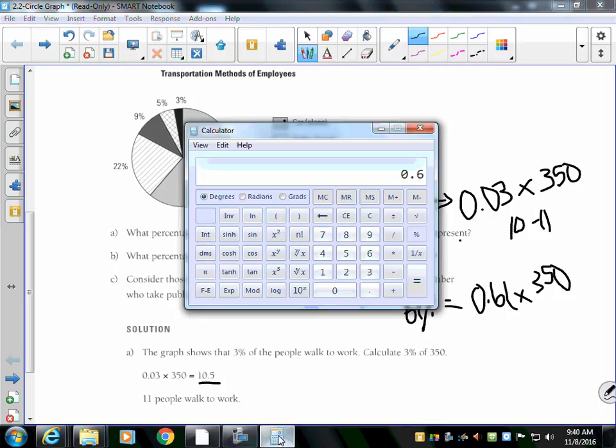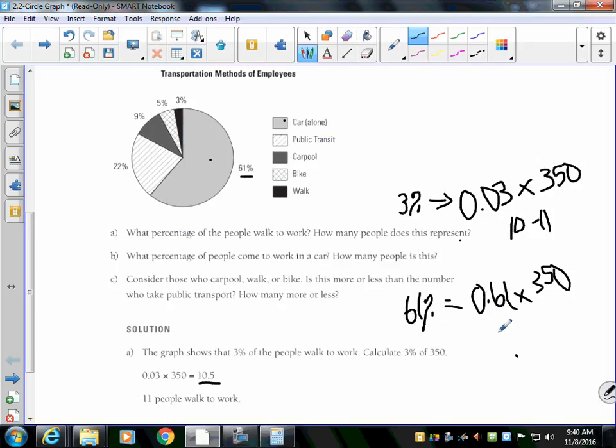So 0.61 times 350 equals 213.5. So 213 to 214 people actually come to work in a car.